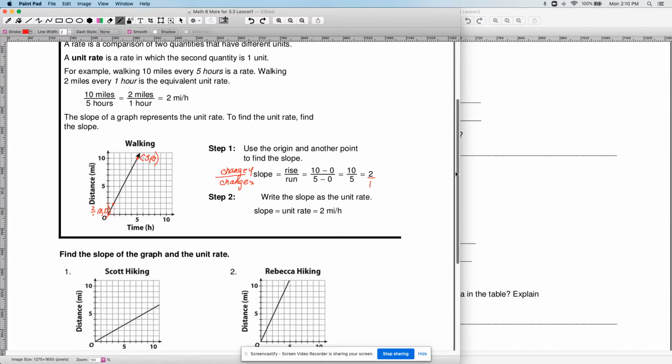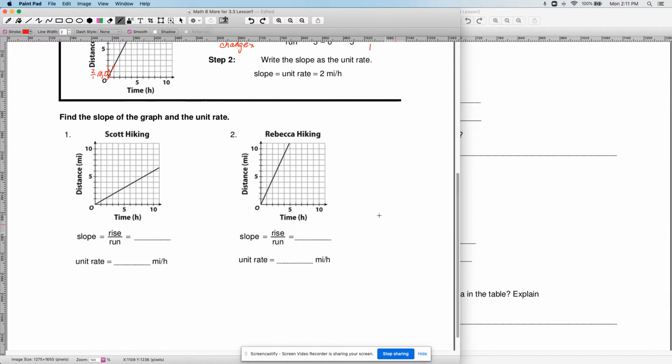So let's do a couple more of these. So they say find the slope of the graph and the unit rate. Well, we want to find the exact point of where this falls on the graph. So here's 1, and so we see that it takes us 5 hours, and Scott is hiking 1, 2, 3.